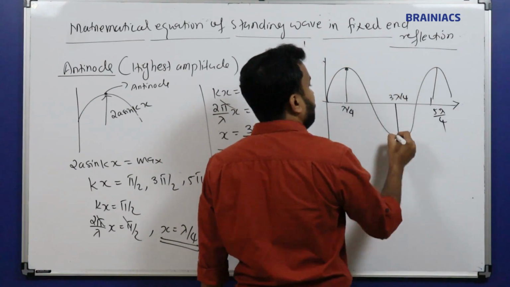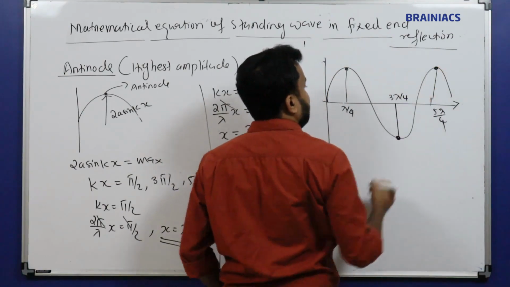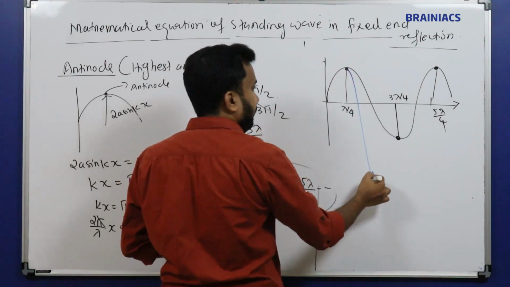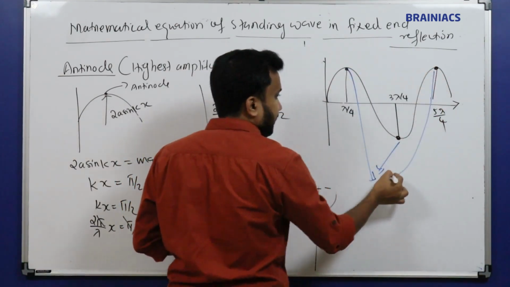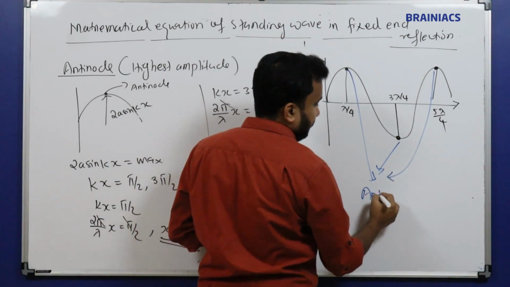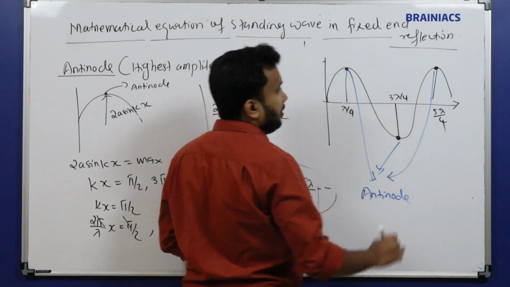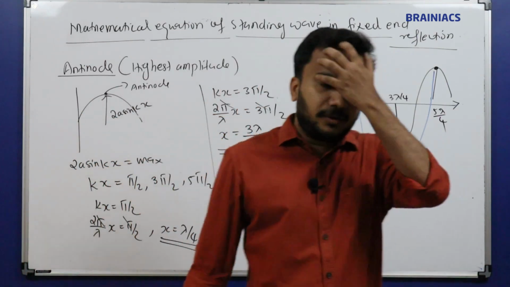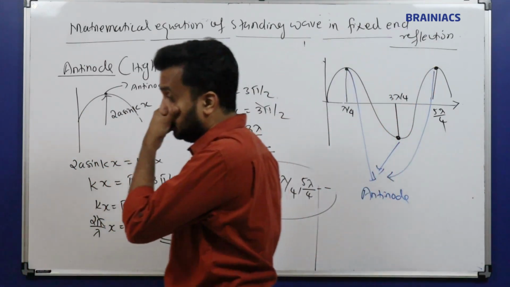All these points together are known as antinodes. Maximum amplitude, where the peak points are, are known as antinodes. Okay, hope this is clear, what is called a node and what is called an antinode.